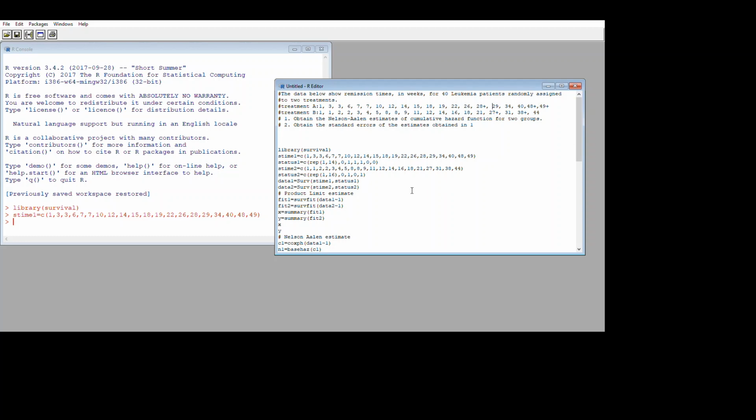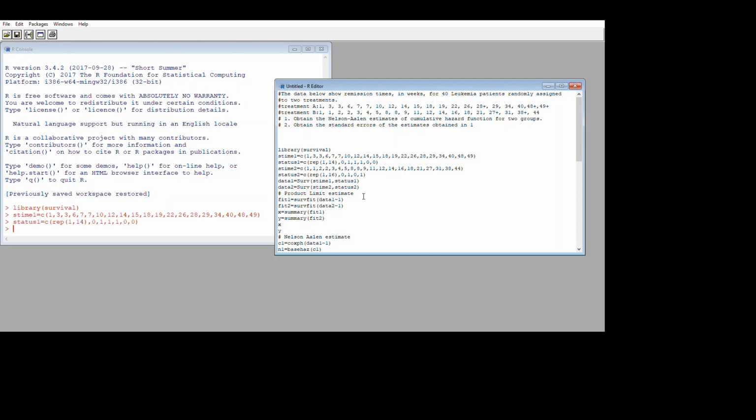Then we have a censored observation, so we assign the value 0. Then 1 for the exact observation, and then repetition of 0, 2 for the two censored observations. So that gives status 1.